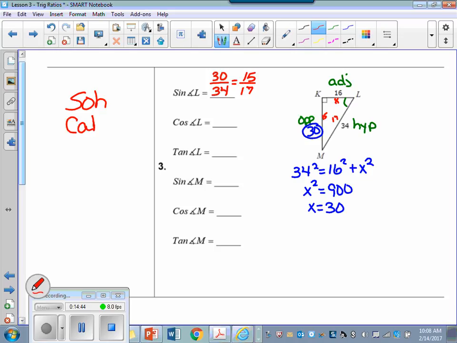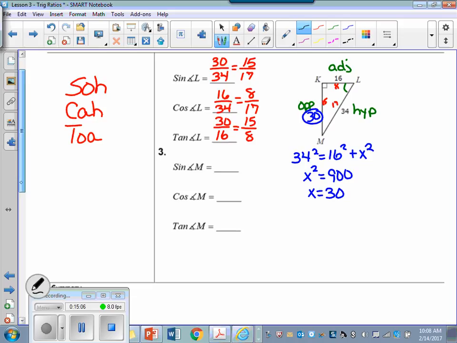Cosine, CAH, adjacent over hypotenuse, 16 over 34, which simplifies to 8/17. And tangent, TOA, opposite over adjacent, 30 over 16, which simplifies to 15/8.